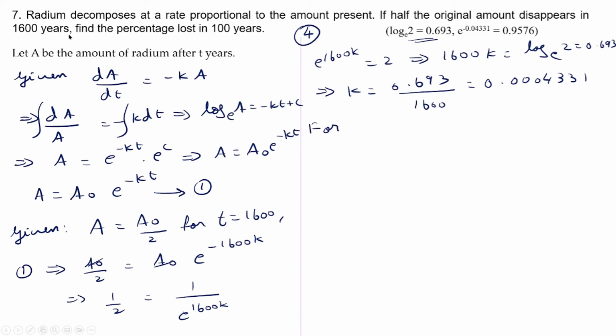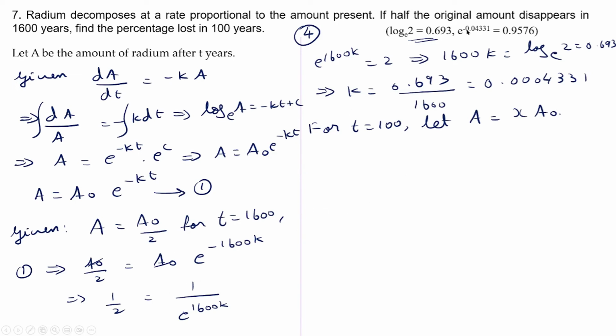And now it is asked, find the percentage lost in 100 years. First let us find the amount lost in 100 years and then we will be able to find the percentage lost in 100 years. So for t equal to 100, let A equal to x into A naught.